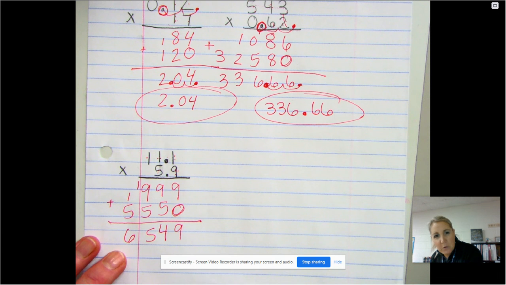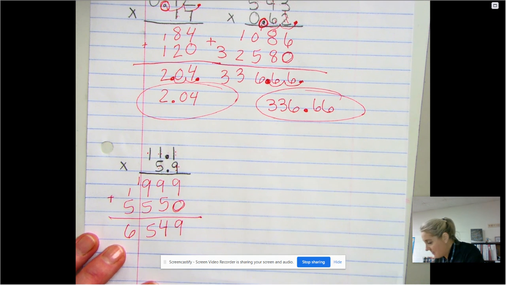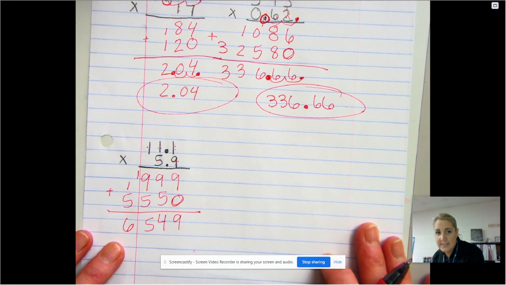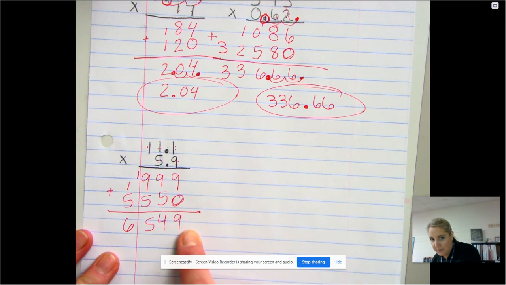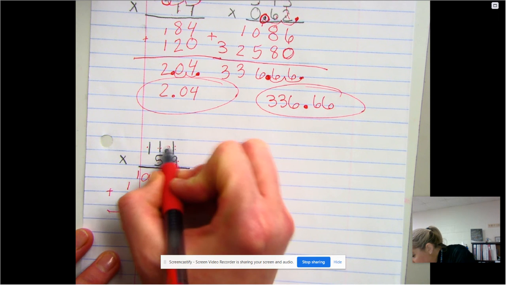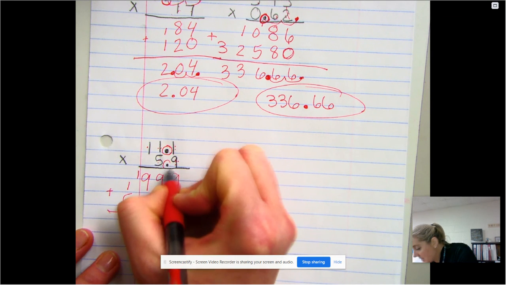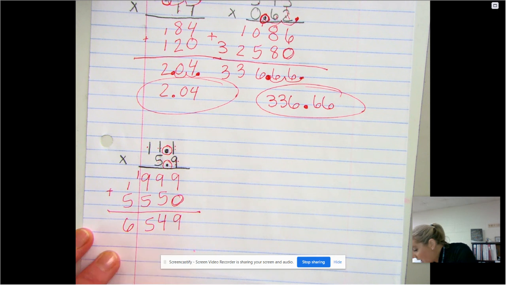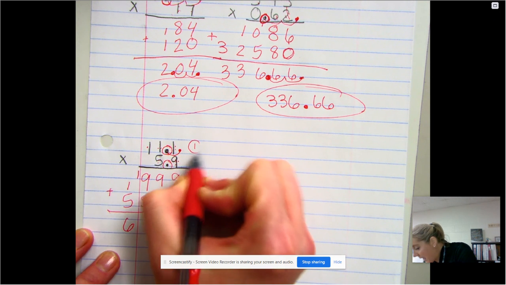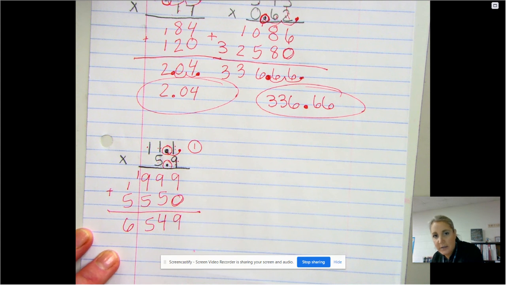So where am I going to put the decimal? There's only going to be one decimal in the answer. I notice I have a decimal here, and I notice I have a decimal here. How many hops did it take from here to here? 1 hop.